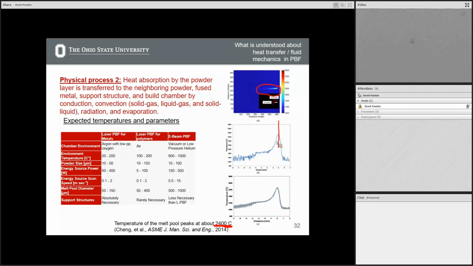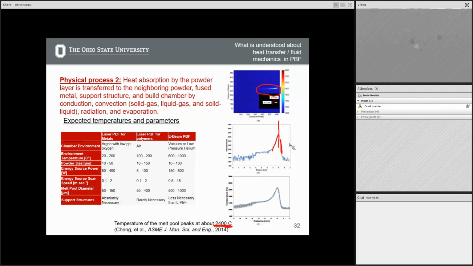And then you see a few things. You get a really steep temperature gradient here, and then in front, that doesn't really matter all that much because that's about to be melted anyhow. As we get into the solidification mechanics in a later module, we'll talk about how this temperature gradient makes a big difference in how the crystal structure of the metal is formed.